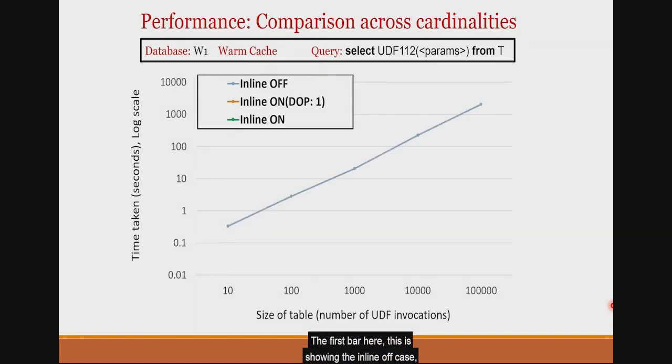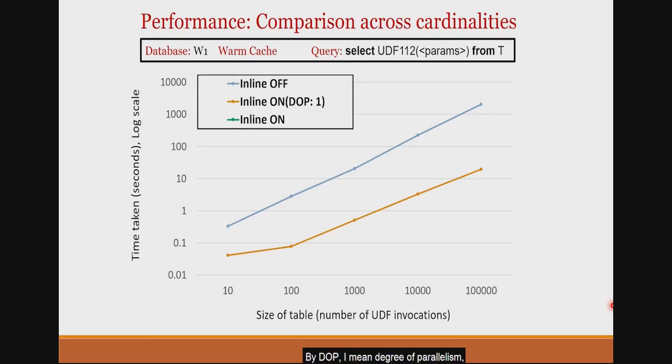The first bar here is the inline off case, which means Froid is turned off. As you can see, the performance degrades as the size of the data increases. And this next one is with Froid and DOP1.